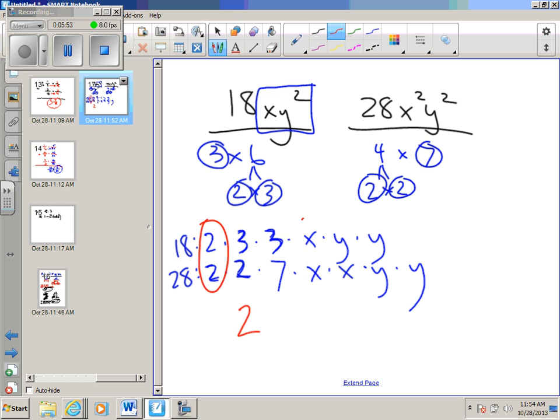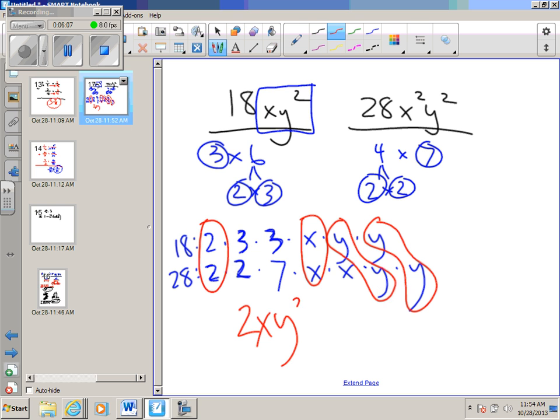How many x's in common? Just the 1. How many y's in common? 1 there, 1 there. So I don't put 2y, I put y squared. So the GCF between those two terms is 2xy squared.